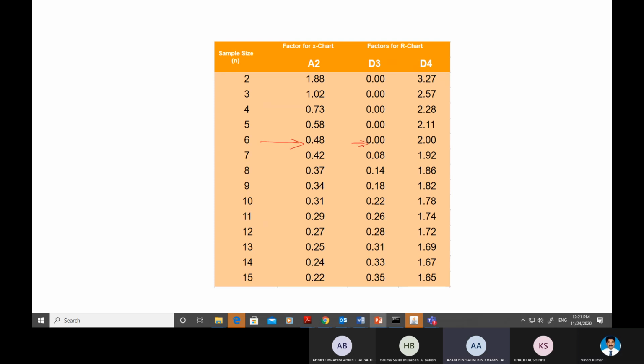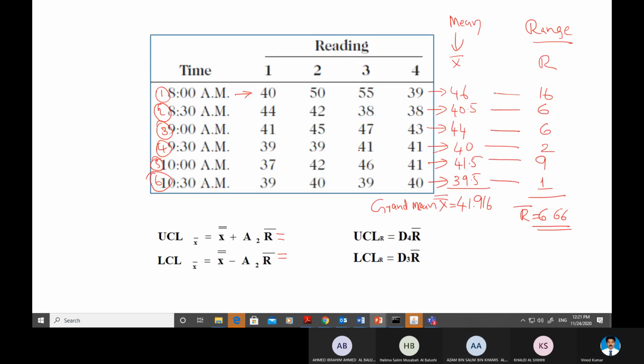D3, 0. D4, 2. Correct, Khalid? Yes. Now, when we apply here, can you calculate and tell me the upper control limit and lower? You have all values here. Substitute and tell me the values. You got A2, take A2 from here.